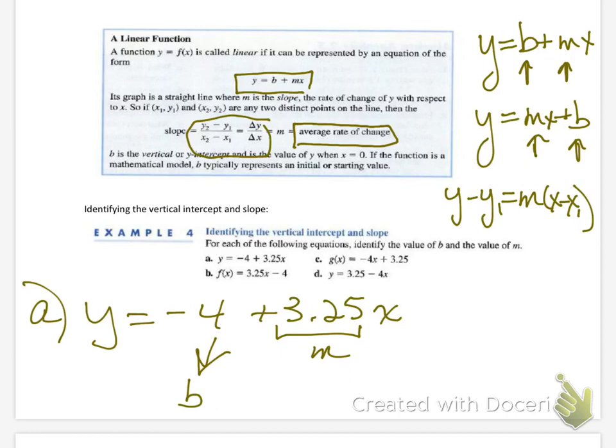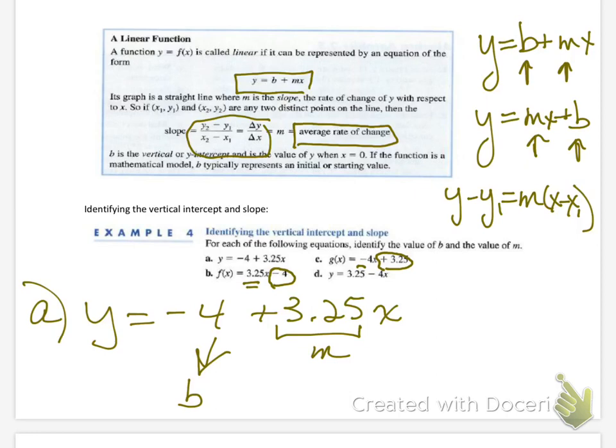With that in mind, if you go on to B, here is your y-intercept, including the negative sign. Here is your slope. For question C, here is your y-intercept, including the sign, and here is your slope, including the negative. So negative 4 is the slope. The y-intercept for C is 3.25.